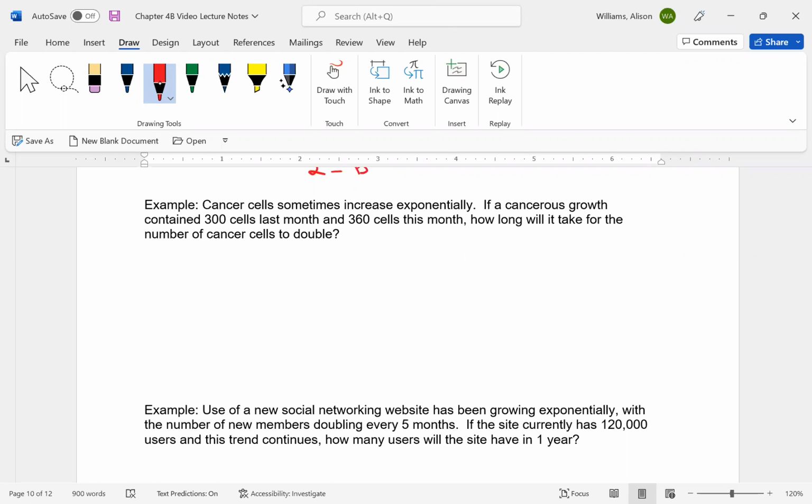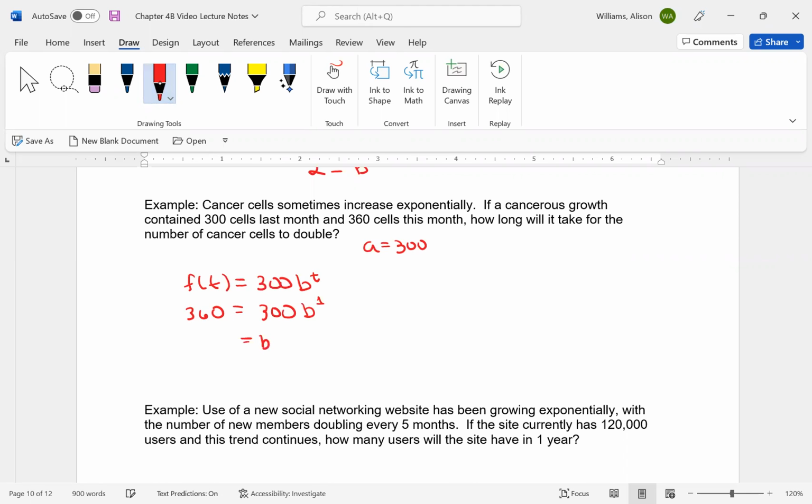Okay, so if we're starting with 300 cells, we can make that our A. Okay, and if A is 300 in our equation, in 1 month, it grows to 360. So 360 equals 300 B to the 1.